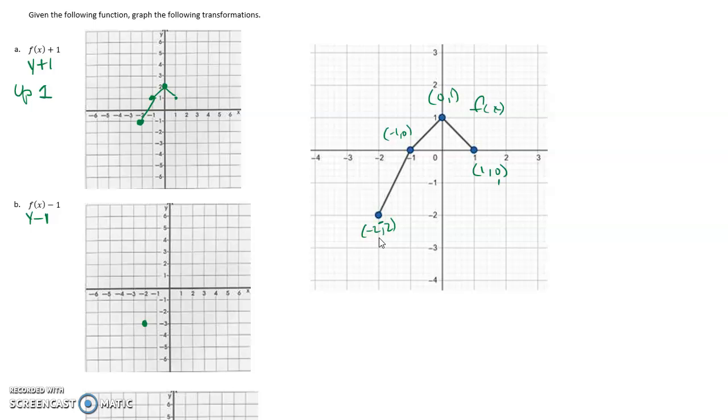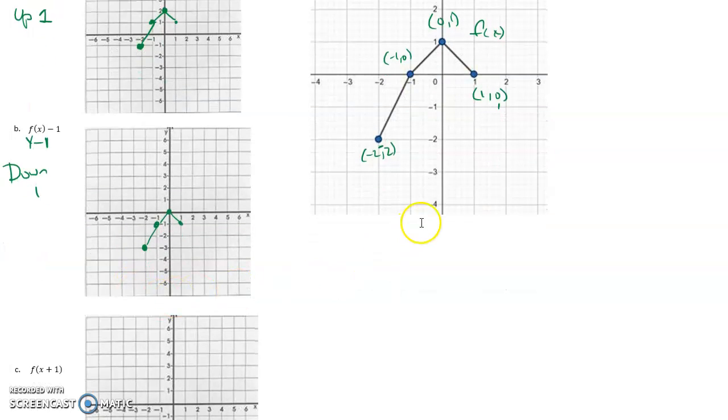This is going to become the point (-1, -1). I shift it down 1, so that's going to be (0, 0). And then I shift this again down 1, so this becomes the point (1, -1). When I connect those dots, you can see I'm not changing the shape of this at all, but I am shifting it. This shifted down 1.